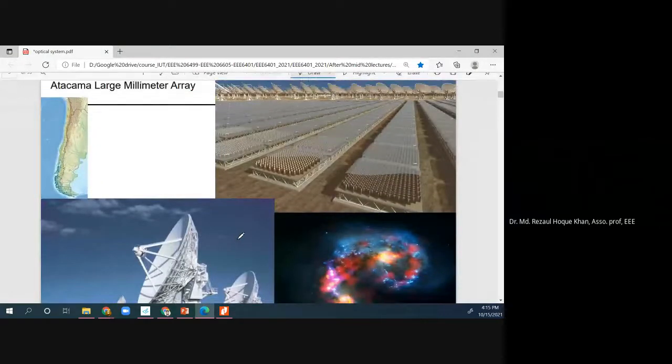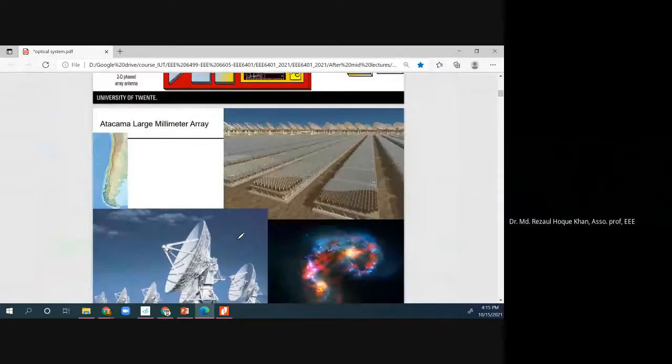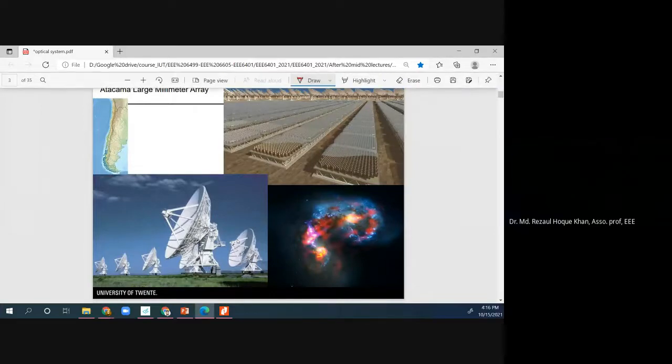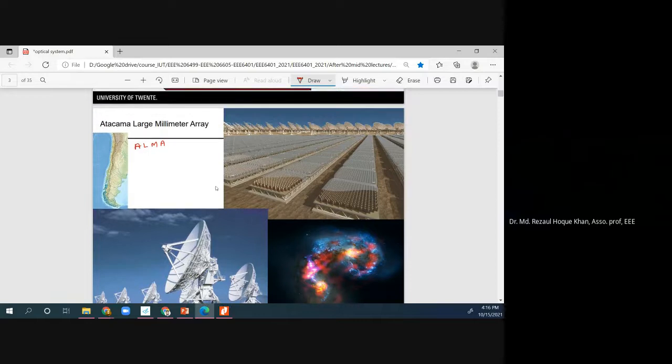Okay, see this figure. This is one extreme application of how RF can be converted to optics. Here I took an example of ALMA. What is ALMA? ALMA is nothing but the Atacama Large Millimeter Array.